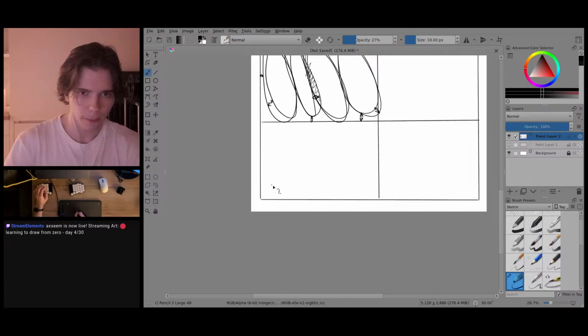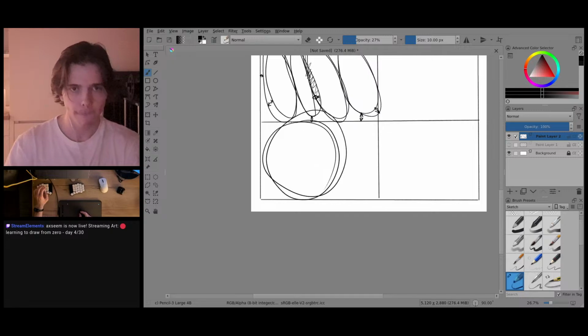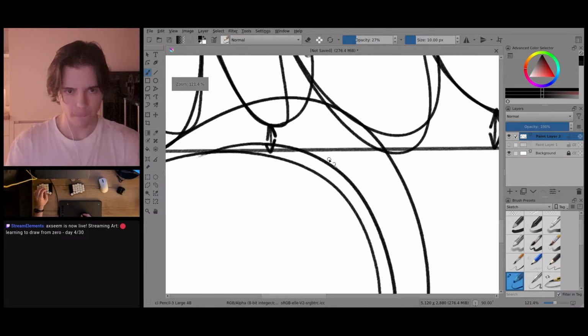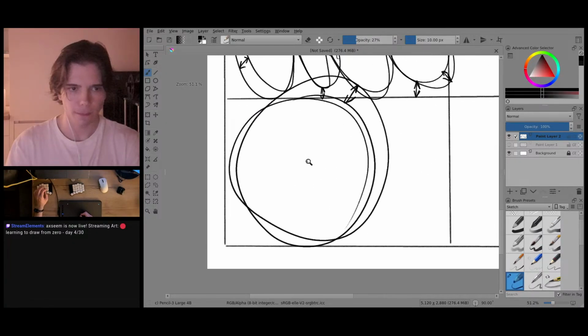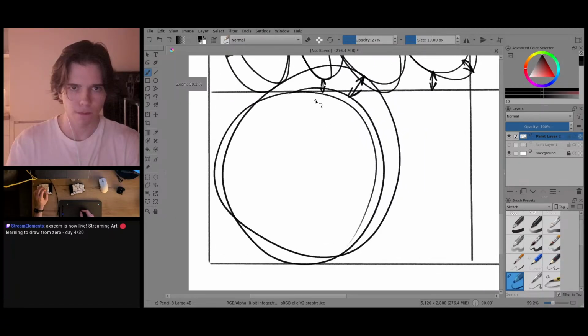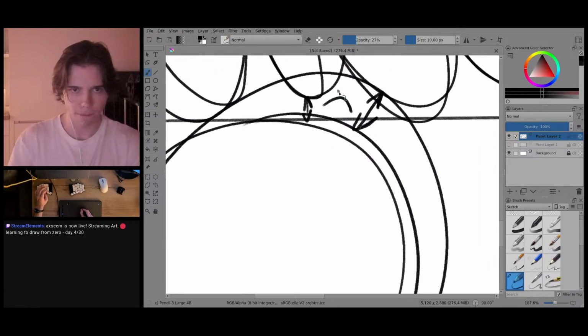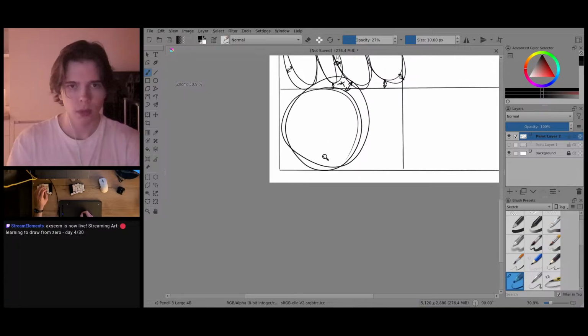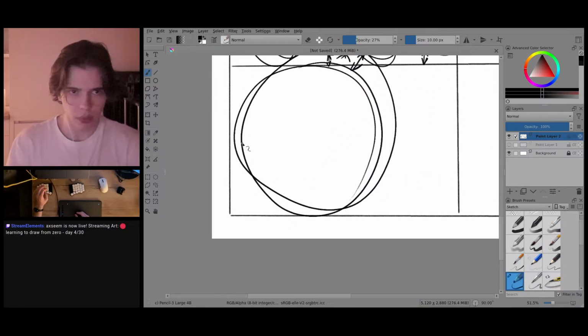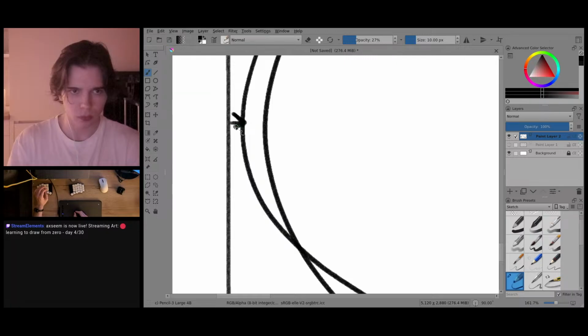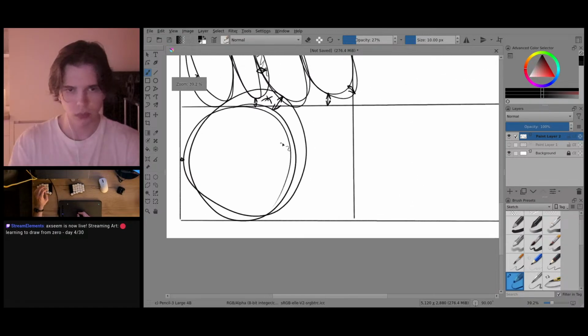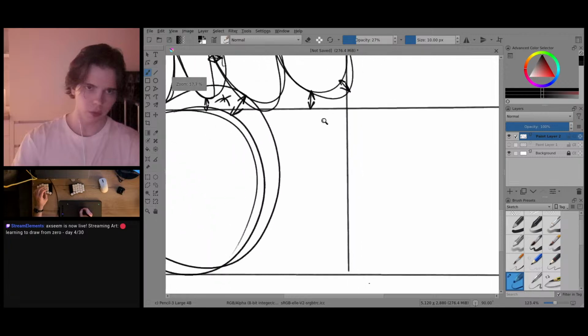Not an ellipse. What's the small circles here?